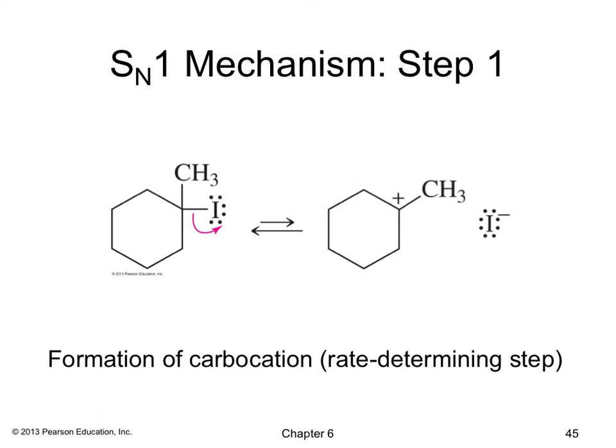Let me show you an example. Here's your tertiary alkyl iodide. The first step of SN1, like I told you, is, again, the spontaneous leaving of the leaving group, generating your carbocation. In this case, again, it's an equilibrium arrow, so please make sure you draw that in your answers when you have an exam. Again, the arrow going to your left is much larger than the arrow going to your right. Again, carbocation formation is the rate-determining step.